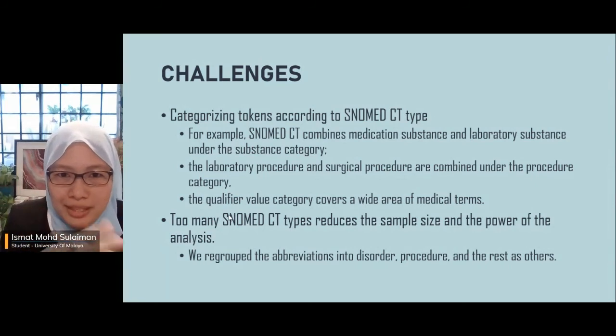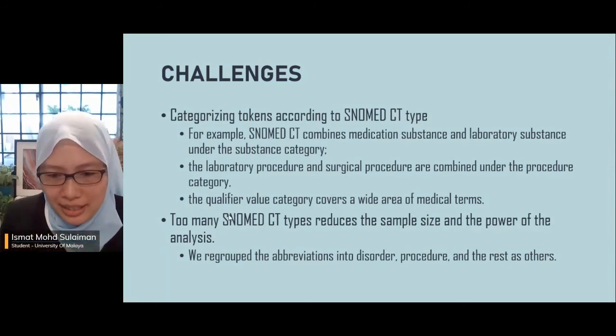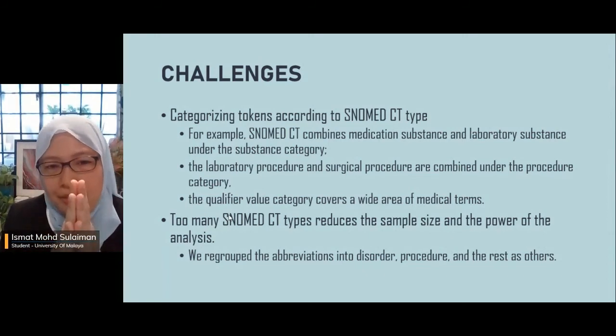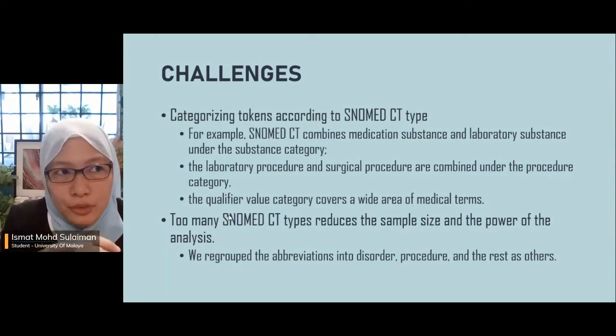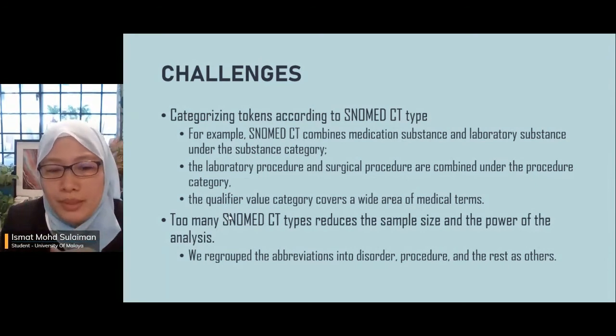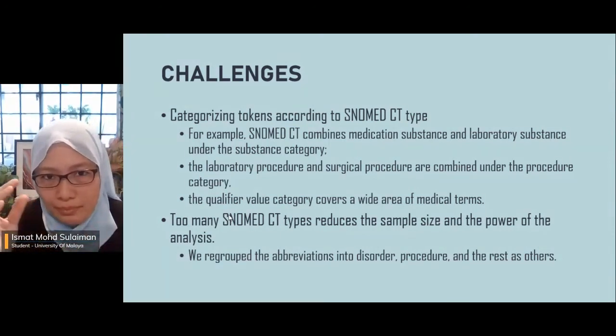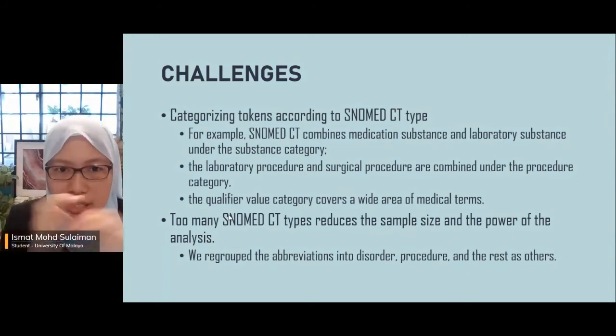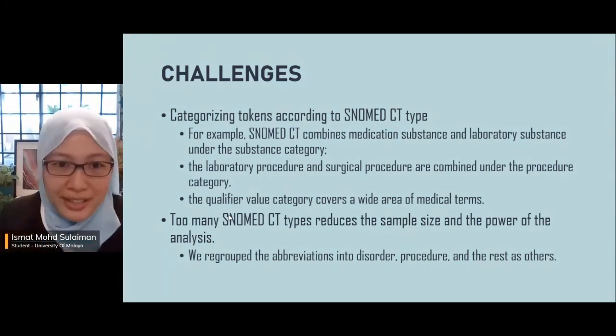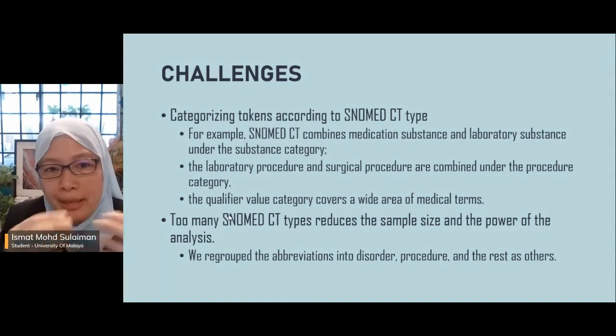Another example is when you want to categorize an abbreviation as a procedure. A laboratory procedure and a surgical procedure are combined under the procedure category. It's quite difficult for us to separate the two. So probably in future, if we have more data, we could have a larger sample size to label these abbreviations into more specific types and predict better.